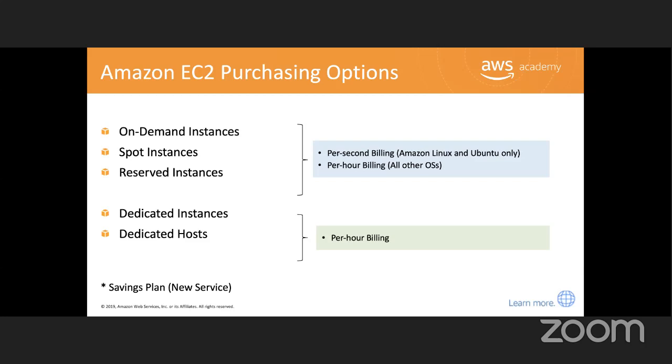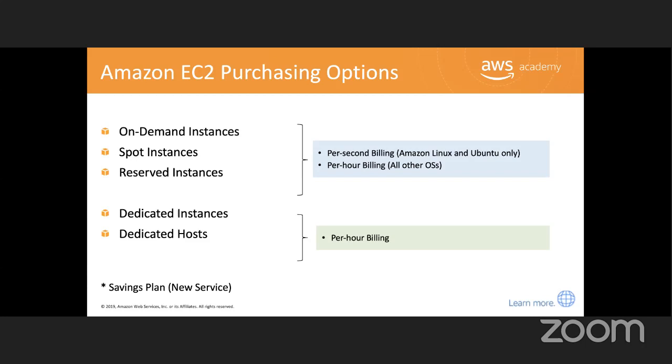It's a flexible pricing model that provides savings up to 72% on your AWS compute usage. This pricing model offers lower prices on Amazon EC2 instances usage, regardless of instance family, size, operating system, tenancy, or AWS region.